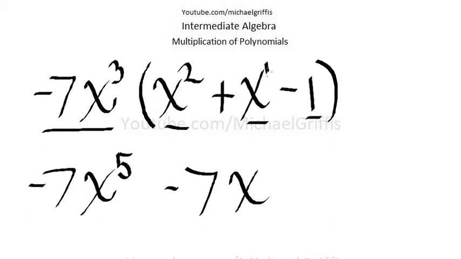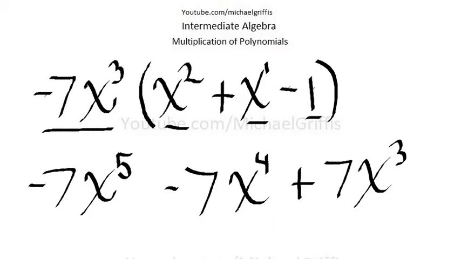There's a 1 here. So we add them. That makes that a 4. And then plus, right, this negative 7 minus 1 is going to make that a positive 7x to the third. So we just expanded and got one big polynomial.